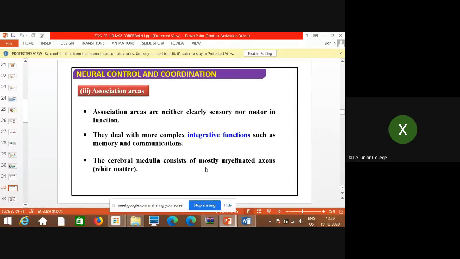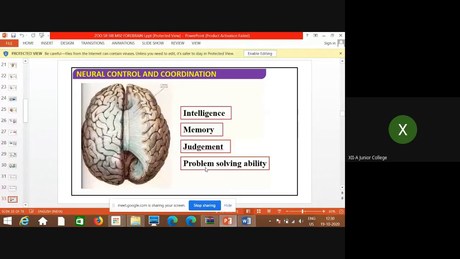So beneath the cortex, the medulla region is shown by white matter, and that is because of the presence of myelinated axons. Axons, as we discussed last time, are covered by the myelin sheath.